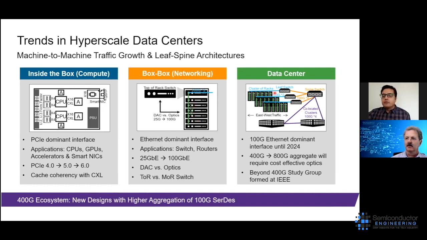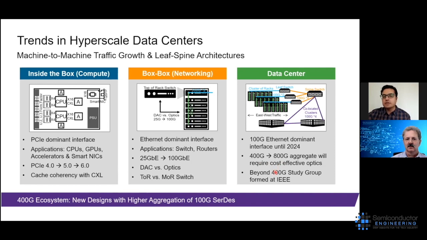Let's look at within data center connectivity, where you have multiple racks connected through different levels of switches. Here you have top of the racks connected to leaf switches and spine switches. Here, Ethernet is the dominant interface, and the SerDes unit is 100 gig Ethernet, but there are different aggregated or port bandwidths, which are moving from 400 gig to 800 gig.